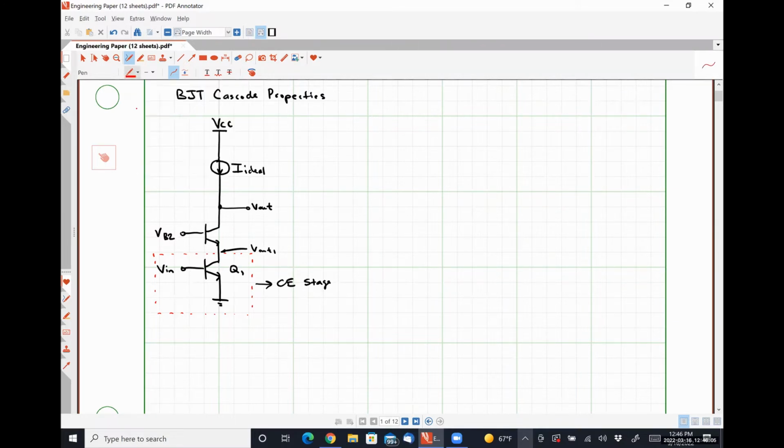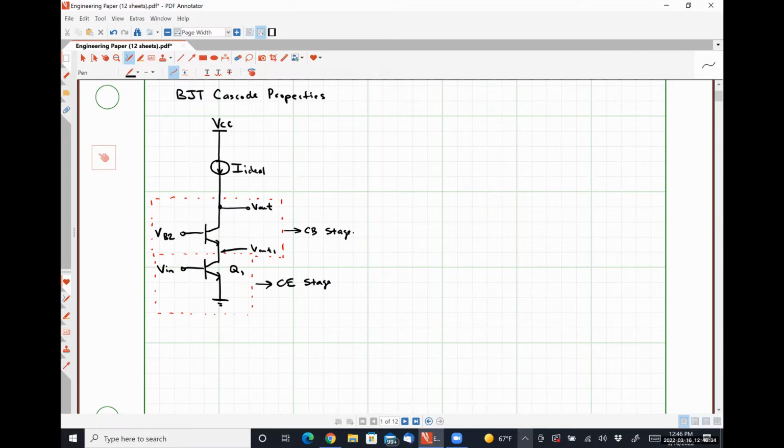Well, if the output of the common emitter stage serves as the input to the second stage, what kind of amplifier is the second stage? Exactly right. So one way to think about our cascode amplifier is simply, it's a common emitter stage feeding into a common base stage.